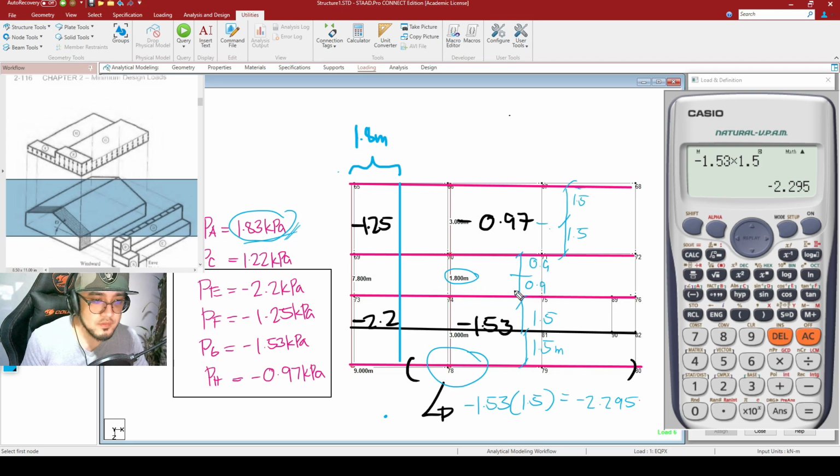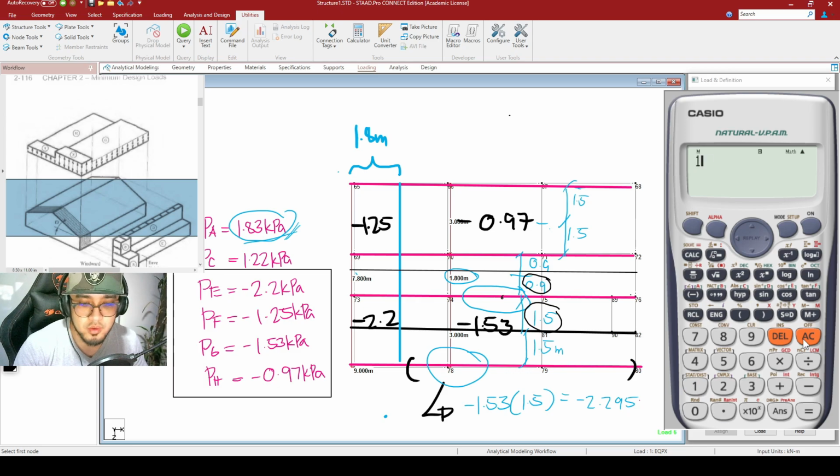And for the second beam right here, if you can remember, our dividing line for our pressure earlier is this one. So our tributary width for this particular beam is 1.5 plus 0.9. Looking at the calculator, 1.5 plus 0.9 is 2.4.